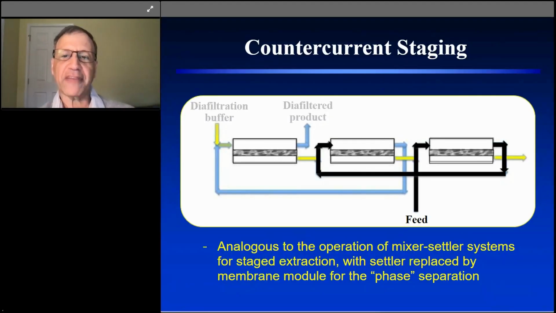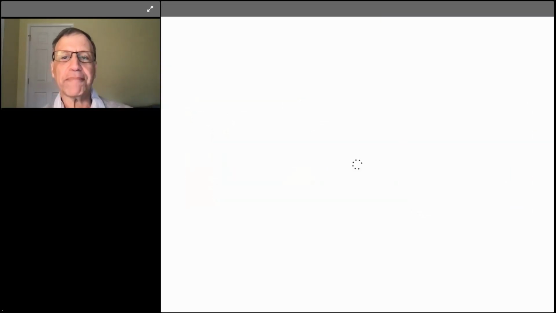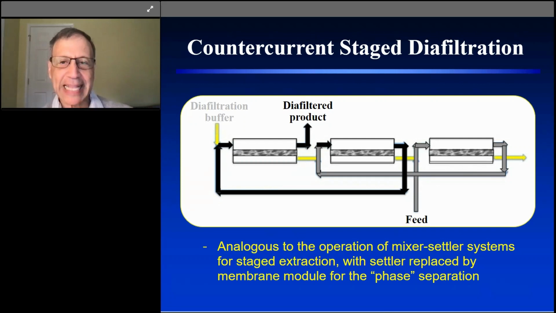In contrast, if we look at the monoclonal antibody, it's actually added into the third module, the one that's furthest to the right, and the retentate from that module is cycled back to the second module, and then the retentate that exits the second module is cycled back to the first module.